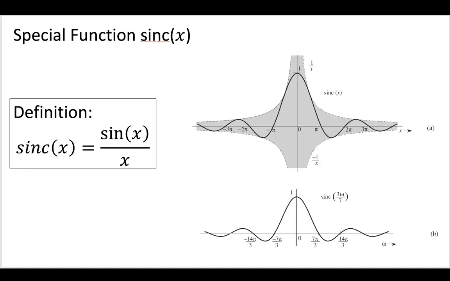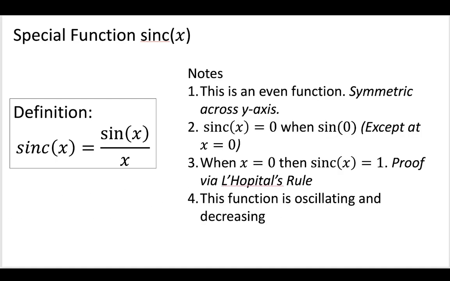Now, one special function that you should be aware of is the sinc function. The sinc function looks like this, and we've given it this definition that's put in the box. This is an important definition to remember. The special function sinc has these 4 properties. The first is that this is an even function. It's symmetric across the y-axis.